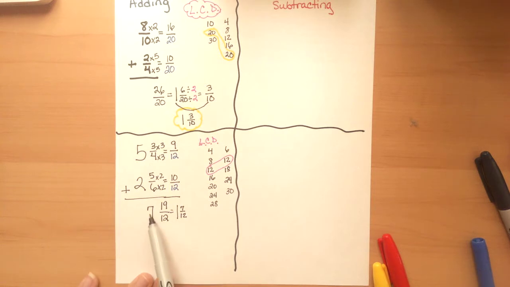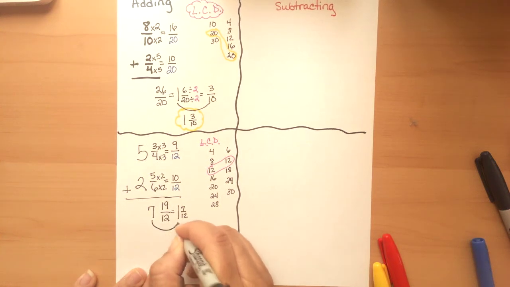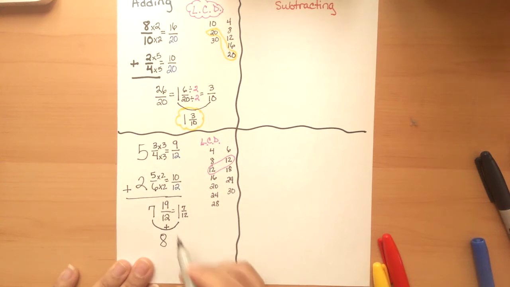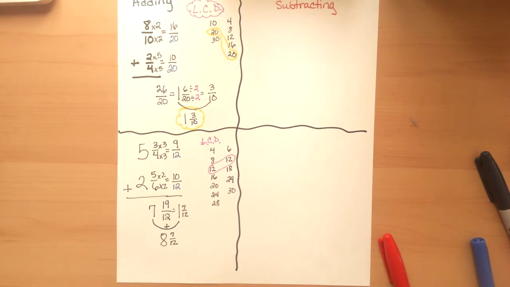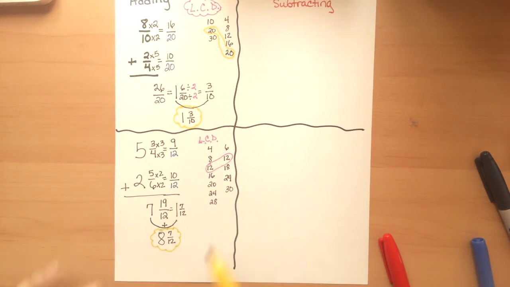So now I have to bring my problem back together. I'm going to take my whole numbers, put them back together, add them, and then that's 8, and bring down my simplified fraction, which is 7 twelfths, and voila, my final answer is 8 and 7 twelfths.